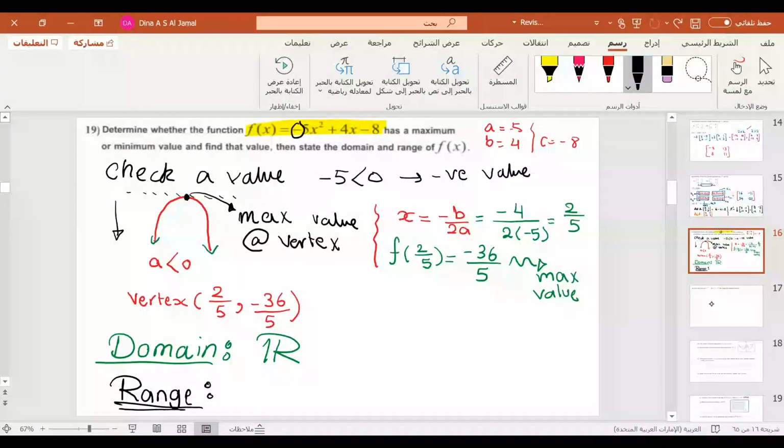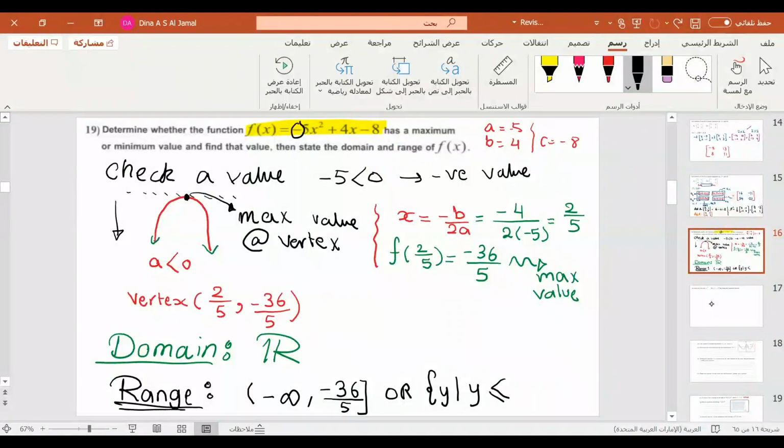So you can write your range in both ways, whether minus infinity, minus 36 over 5, closed, or another way to write it is y such that y must be less than or equal to minus 36 over 5. And that's it.